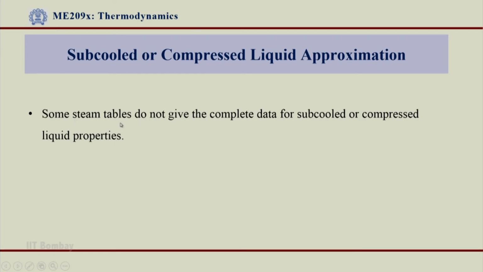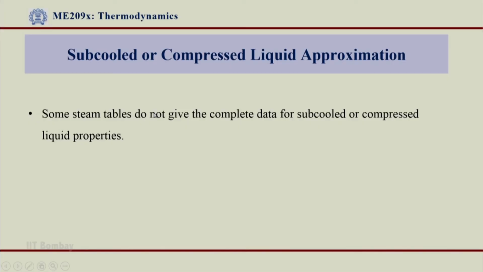There are some steam tables which do not give the complete data for subcooled or compressed liquid regions. They may give you properties at 0.15 MPa, for example, and the next property may appear at 20 MPa, far away, or 15 MPa away. It is expected that you find the value at 0.15 MPa or Psat, and you can take the same values for 1 MPa, 2 MPa, 3 MPa with the approximation that subcooled liquid is incompressible.